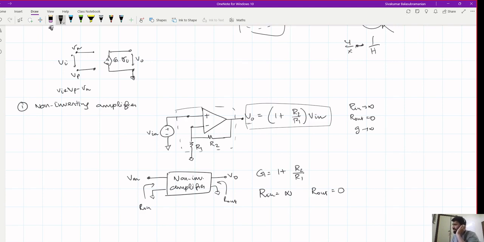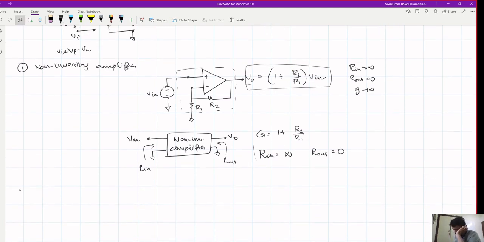So this is a pretty good amplifier. It satisfies all the properties that we want, assuming that the op amp has infinite impedance. If the op amp has finite input and output impedance, but the input impedance is high and the output impedance is low, the non-inverting amplifier would still have a high input impedance and low output impedance.